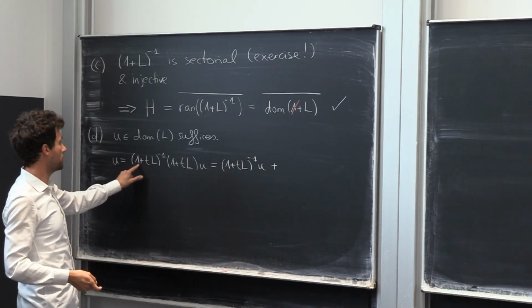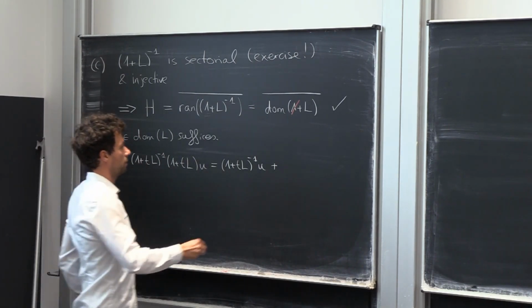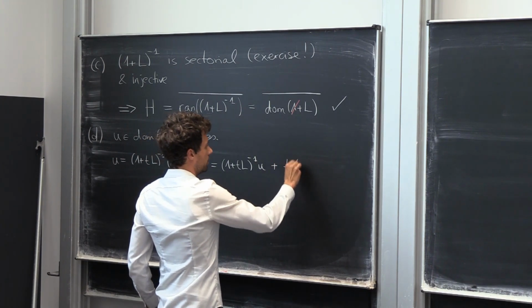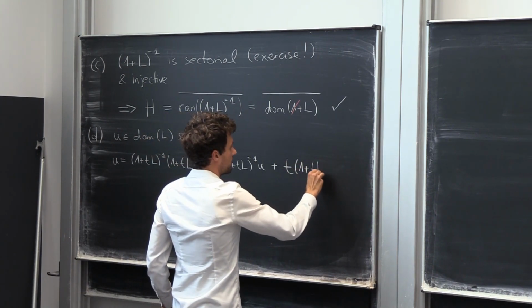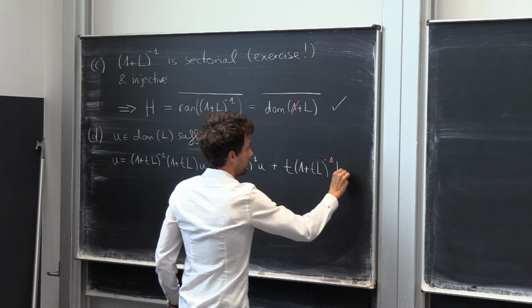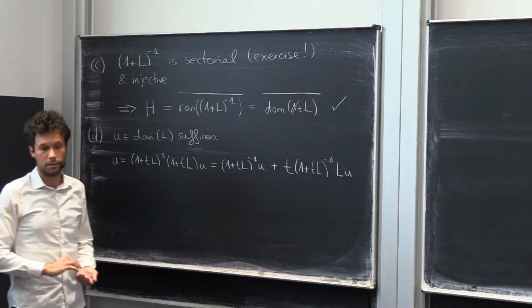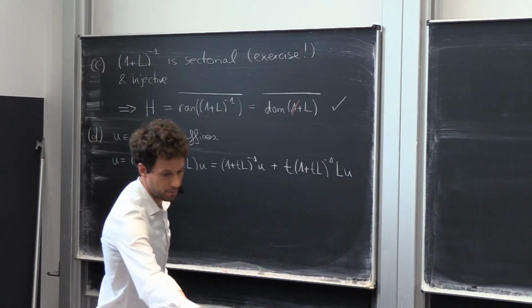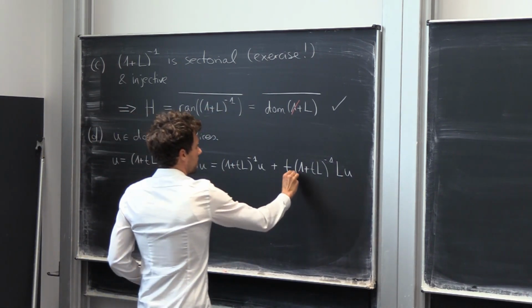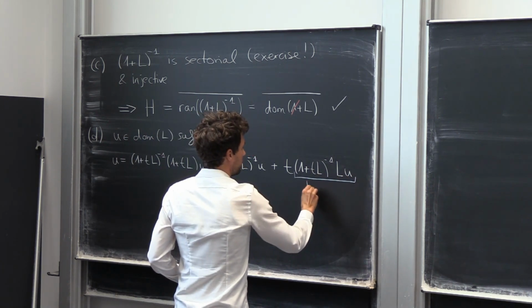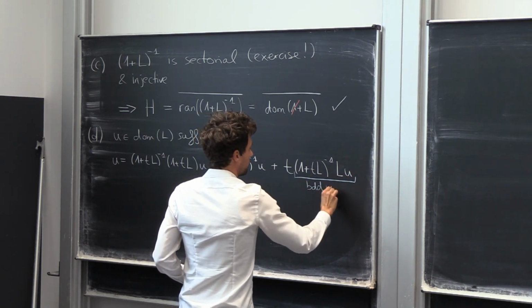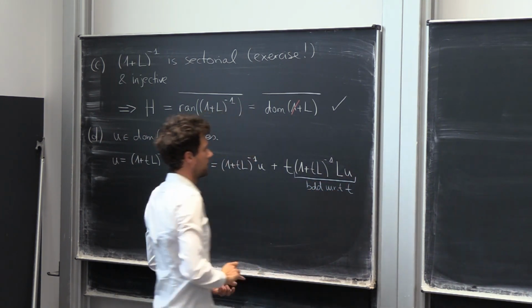So how do I manage the other terms? Well, I'm going to put the t in front. Then I'm doing (1 plus TL) to the minus 1 applied to L of U. And then by our standard argument, this here is bounded with respect to t.